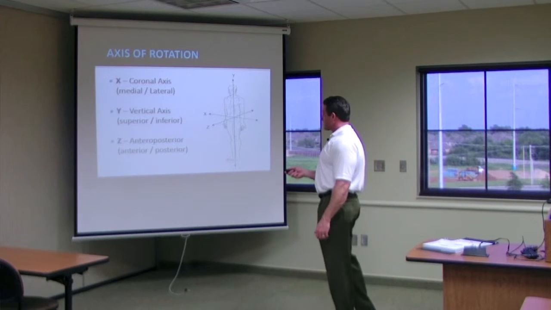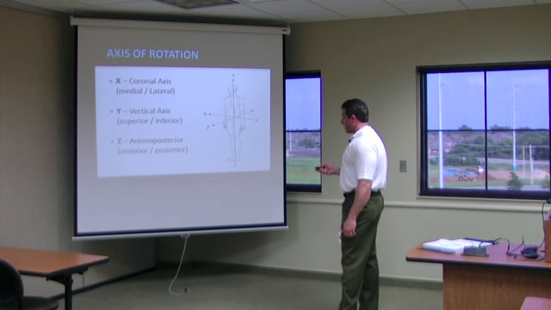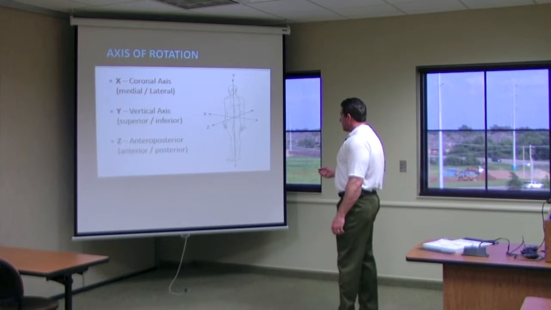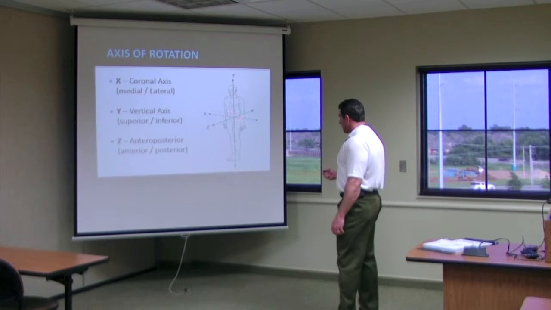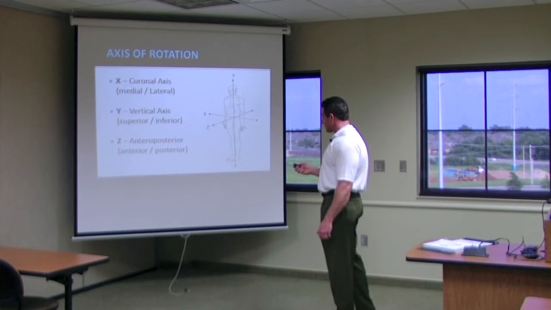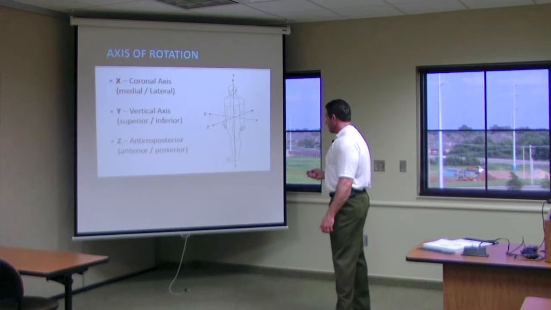And your z-axis, which is anterior posterior, okay? So basically you can see that z is going anterior versus posterior, y is superior versus inferior, and x is medial, meaning towards the middle, versus lateral on either side, okay? So be familiar with those three terms in terms of axis of rotation.